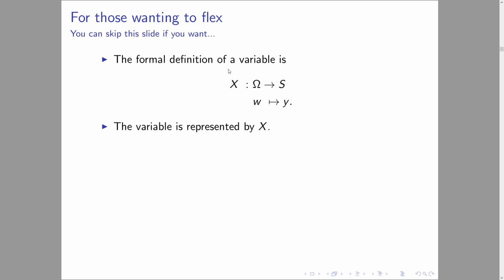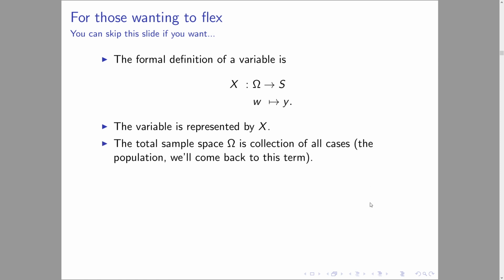So to make sense of this formal definition we have here for a statistical variable, we first need to define what all these variables and symbols mean. So the statistical variable is represented by the letter big X. So it's effectively one of the column values that we saw on the previous slide. The total sample space is given by the symbol omega, and it's the collection of all possible observations, cases.